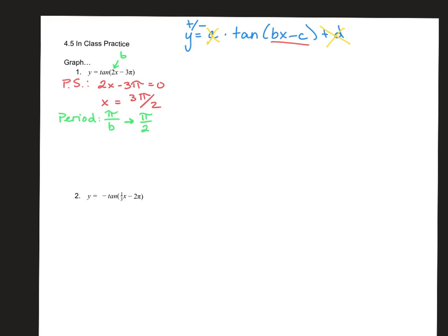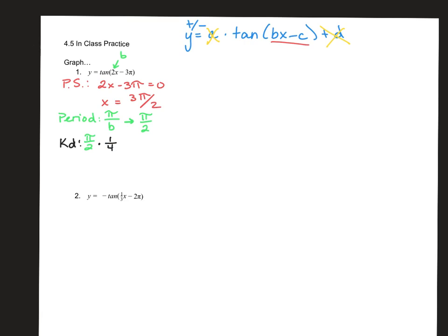So now we're going to go ahead and find our key distance. To do that, we're going to follow the same method that we used for sine and cosine, which is taking the period of pi over 2 and multiplying that by 1/4.